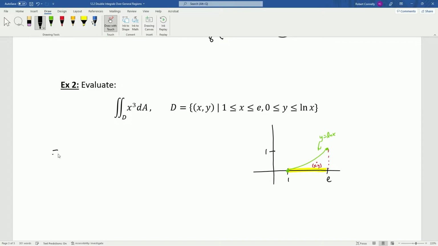So let's go ahead and set up this integral. Since y has our variable bounds, we want to integrate with respect to y first. And then we'll integrate with respect to x after.